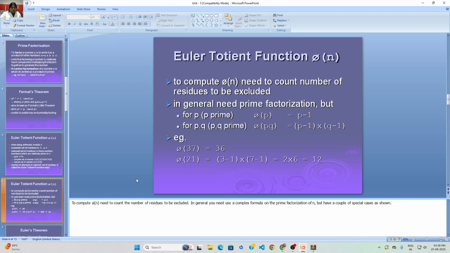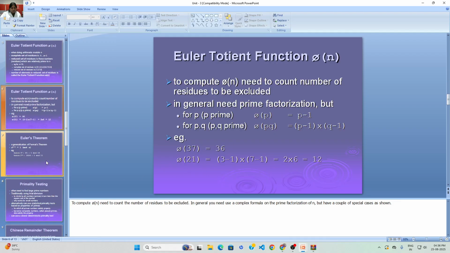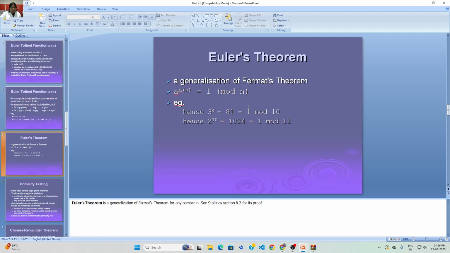So phi of 21 is 12. Next is Euler's theorem. As I said, a to the power phi of n is congruent to 1 mod n. For example, 3 to the power 4 equals 81, which is 1 mod 10. Hence we get the value 1.